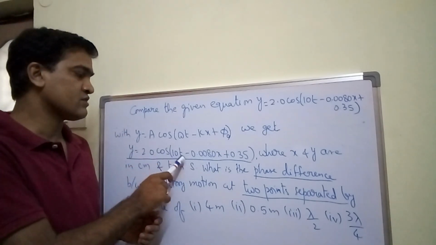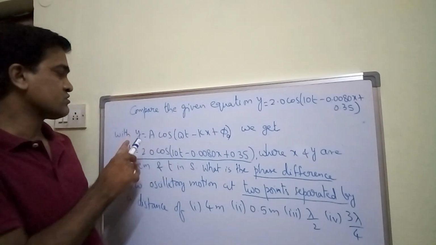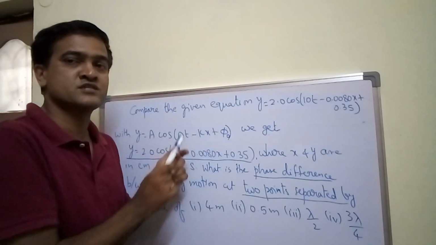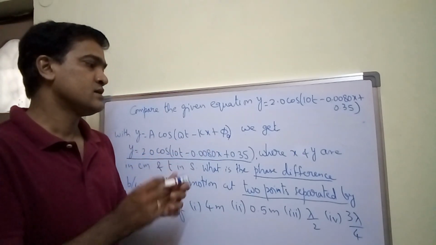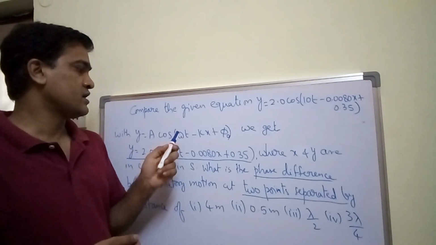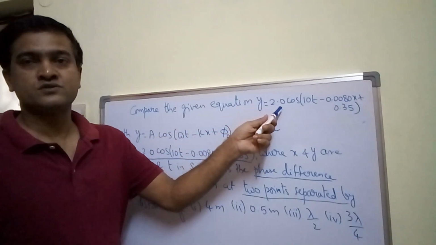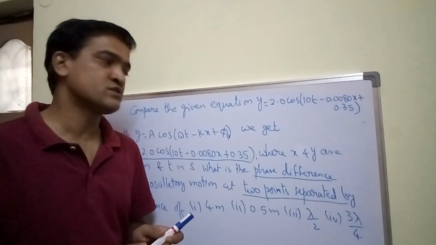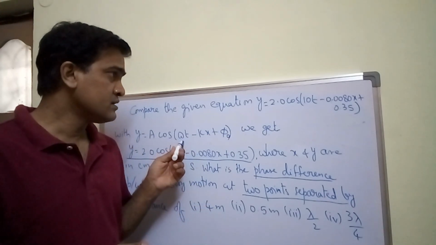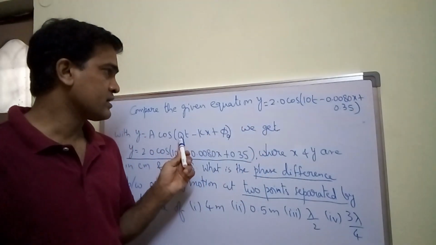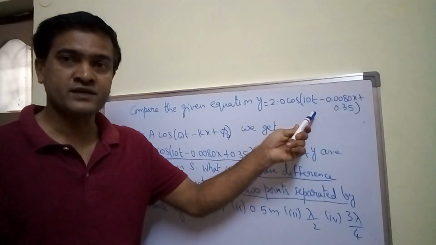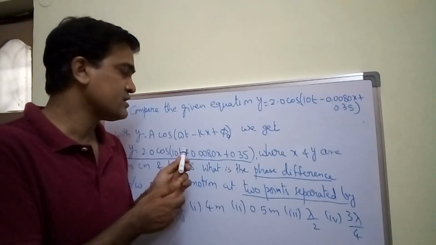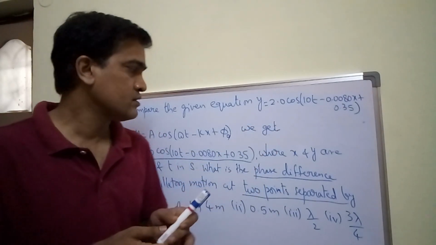So this is the given equation. Now I am comparing this with y is equal to a cos(omega t minus kx plus phi naught), right? Now if you compare, in place of a you have 2, that means the amplitude of this wave is 2. Omega t is equal to 10t, so t gets cancelled and omega becomes 10. So omega is 10 radian per second, right?